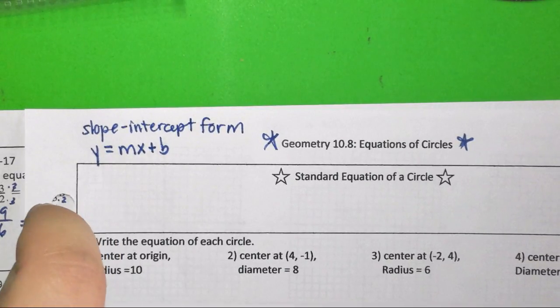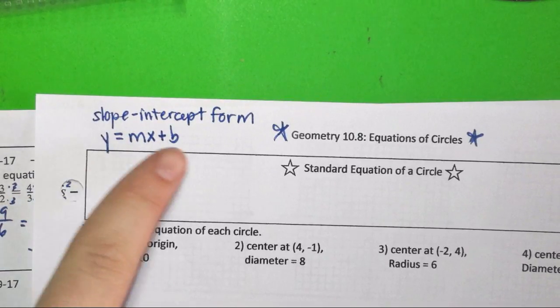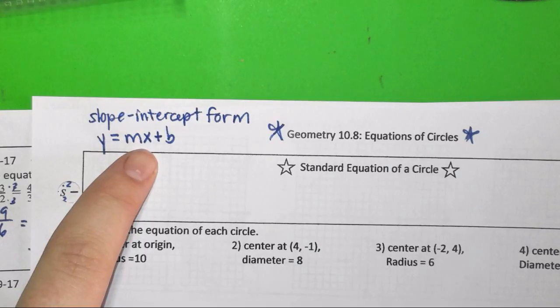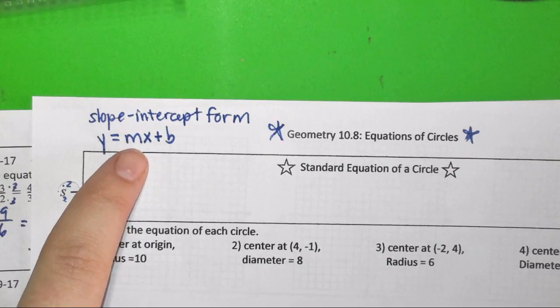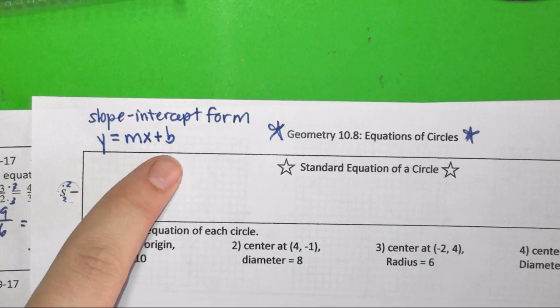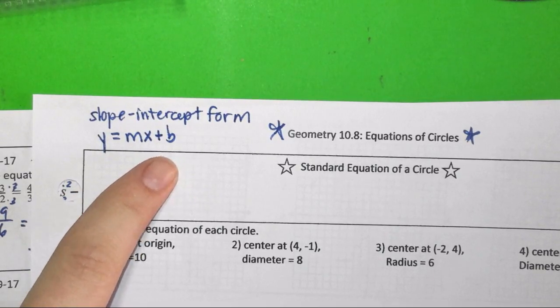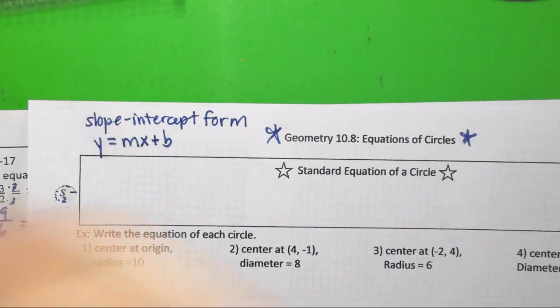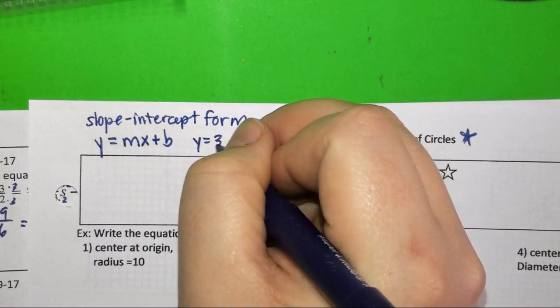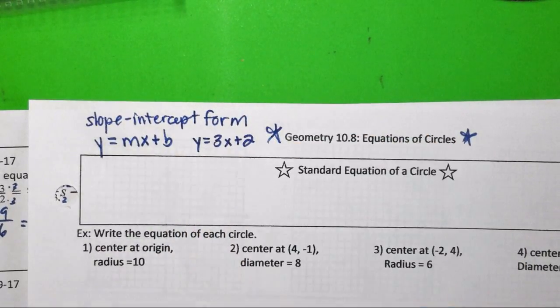It helps us graph a line. So what do we know about the m? What's the m for? And what's the b for? The y-intercept. And you know instantly, seeing that, if I put y equals 3x plus 2, then the slope is 3 and the intercept's at 2. And you know exactly how to graph that line.